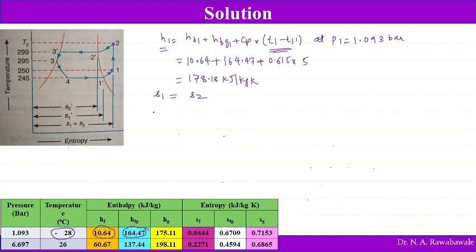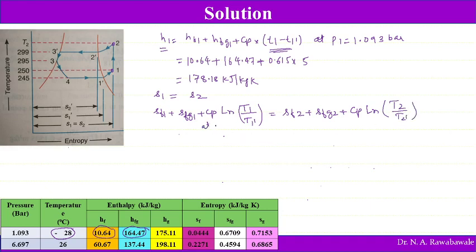So entropy at point 1 can be written as SF1 plus SFG1 plus CP natural log of T1 divided by T1 dash, which is equal to SF2 plus SFG2 plus CP natural log of T2 divided by T2 dash. So this is at pressure P1 and this is at pressure P2.